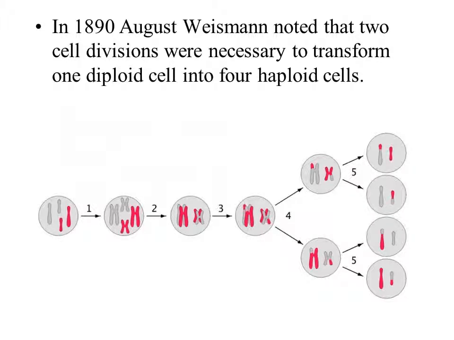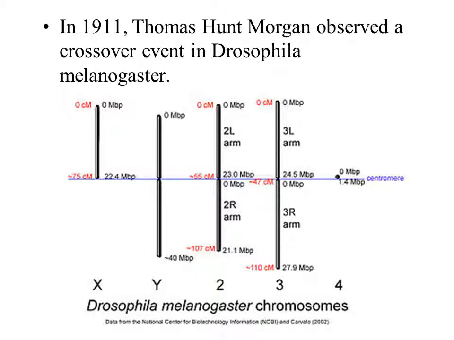In 1890, Mr. Weismann noted that 2 cellular divisions were necessary to transform one diploid cell into 4 haploid cells. This brings us to the individual that the chapter is based on, Mr. Morgan. Mr. Morgan observed a crossover event in a little small fruit fly called Drosophila.